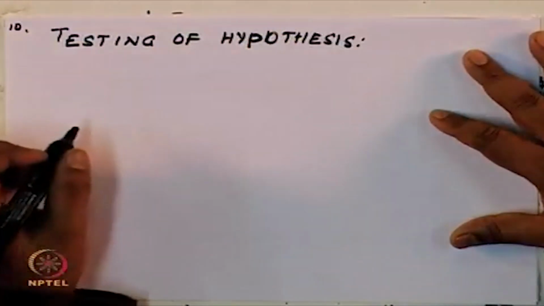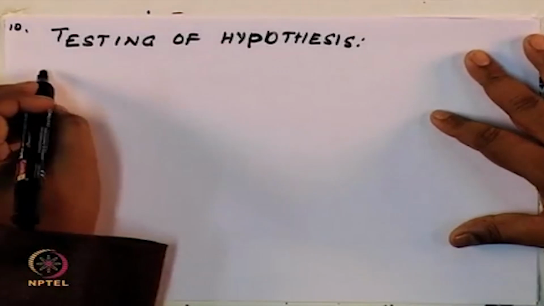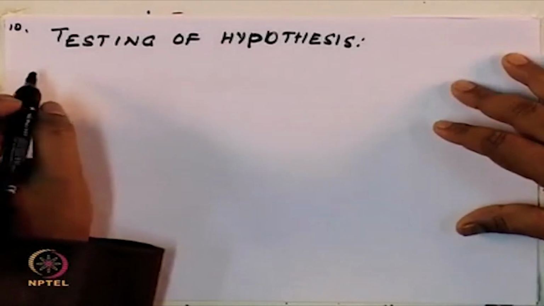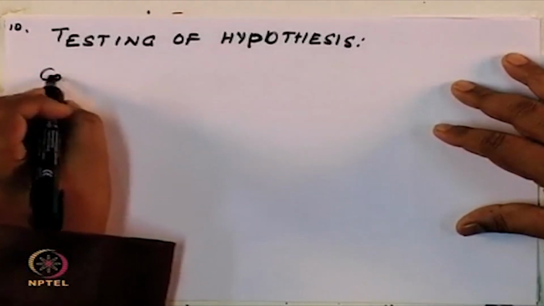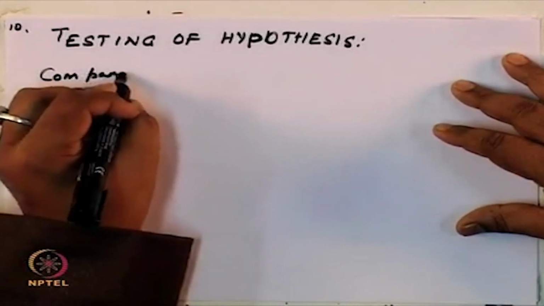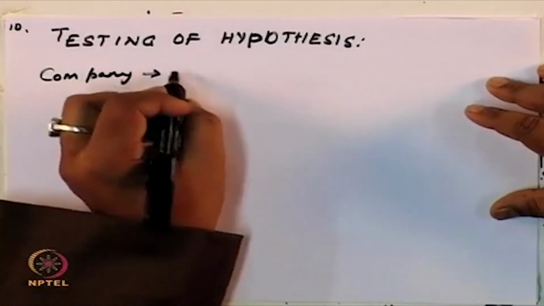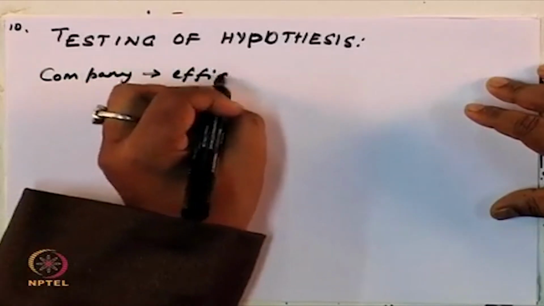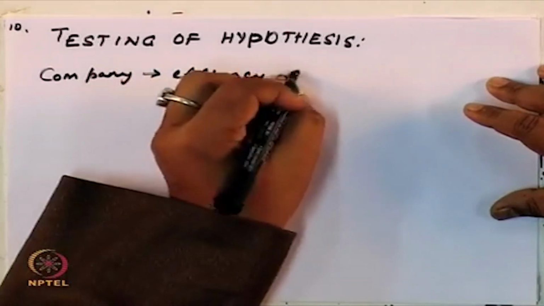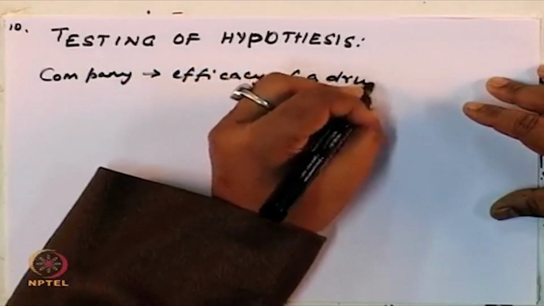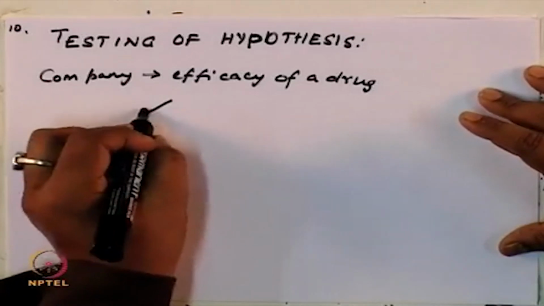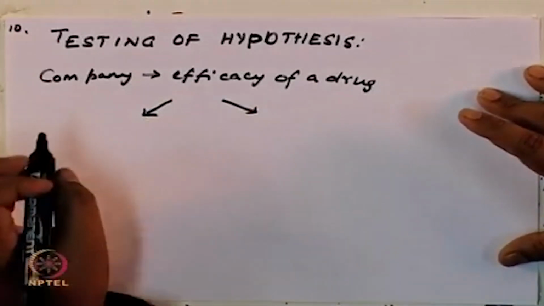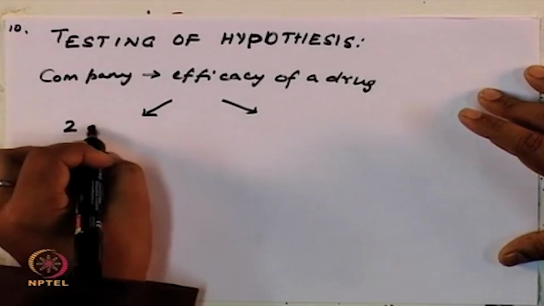Imagine when a pharmaceutical company is deciding on developing a drug, you have a company which tests the efficacy of a drug. And imagine that this particular efficacy is tested in 2 countries or two different scenarios, or by 2 different groups.